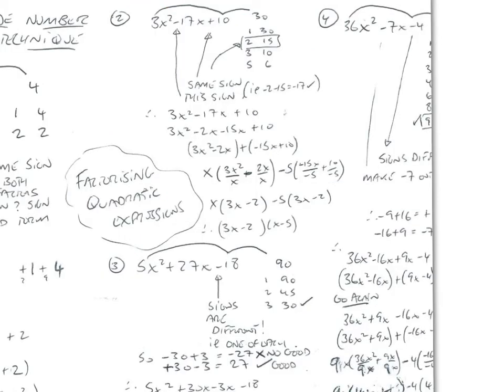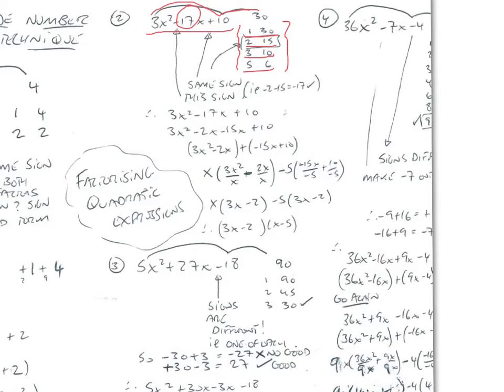Okay, let's factorize 3x squared minus 17x plus 10. So 3 by 10 is 30. Factor pairs: 1 goes in 30 times, 2 goes in 15 times, 3 goes in 10 times, 5 goes in 6 times. All the while we're looking at these factor pairs, in the background we're trying to see, can we make 17 with any of these?